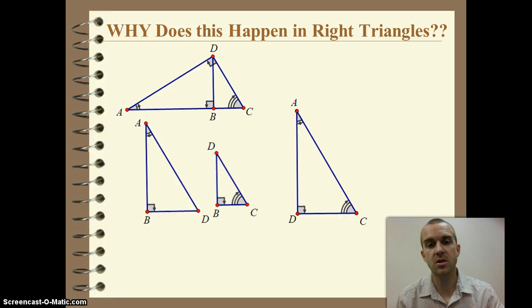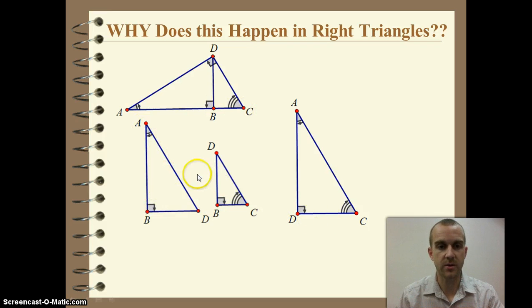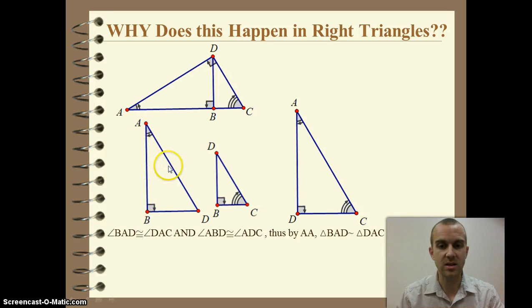Now, if I start doing comparisons, I see that I have the right angle in all three of them, but I don't have matching angles here, so I can't say anything yet about these two triangles. But if I compare BAD to DAC, I have angle A corresponding, and I've got the right angle, so angle similarity tells me that triangle BAD is similar to triangle DAC. Now let's look at the smaller triangle and my largest triangle. I have the right angles corresponding, and I both have angle C corresponding.